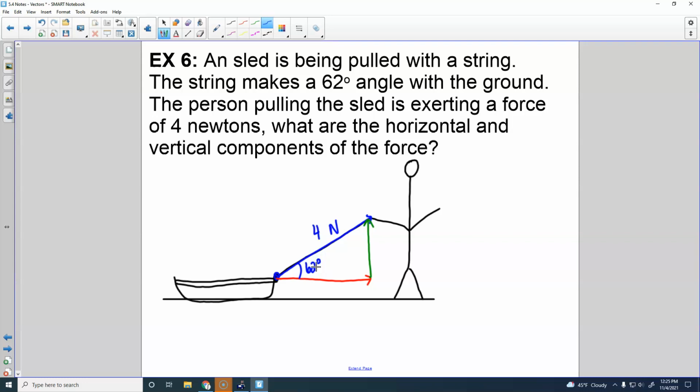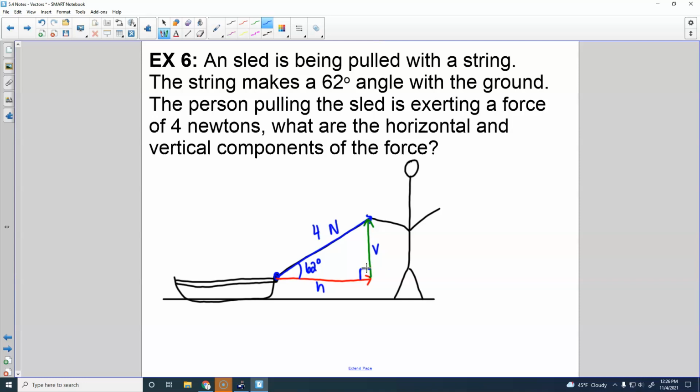It's not drawn to scale very well, obviously, in this case. And so I'm going to call this right here H because it's my horizontal force, and I'm going to call this V for vertical. And horizontal and vertical obviously make a right angle to each other.